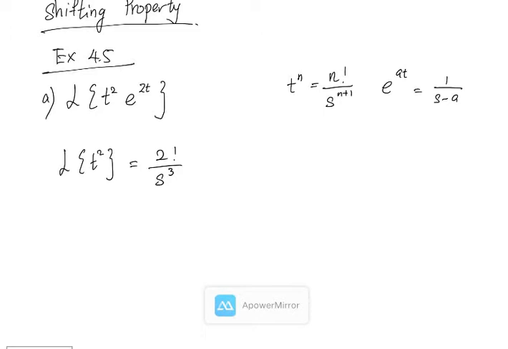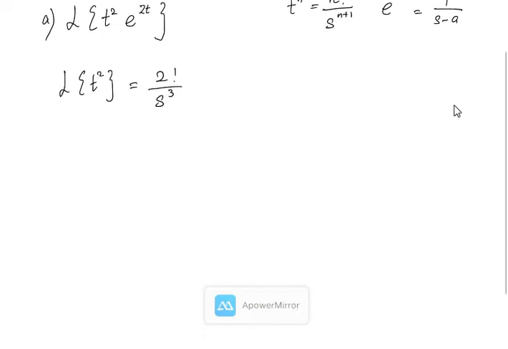So you need to combine the Laplace transform of these two. For the t power of 2, you obtain this one, and for the exponent, you obtain this one. So for the combination, you combine this and this by substituting the s into s minus a.